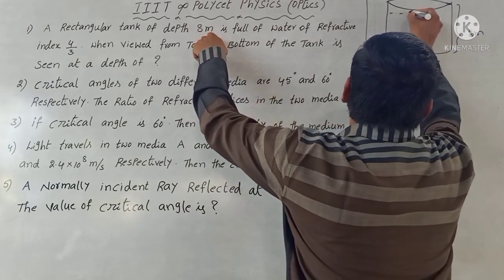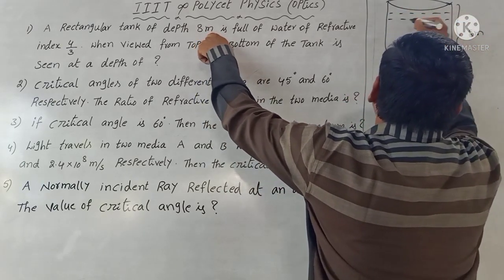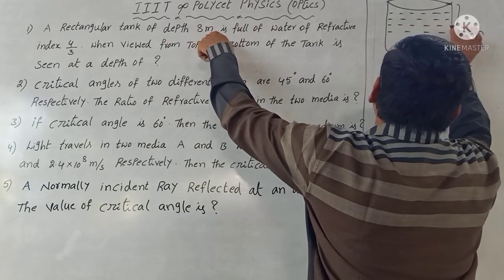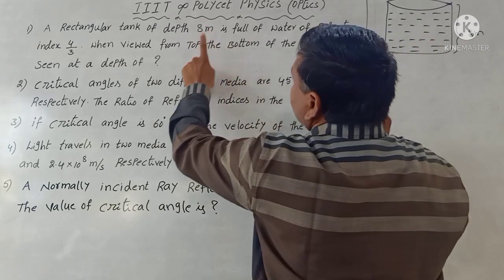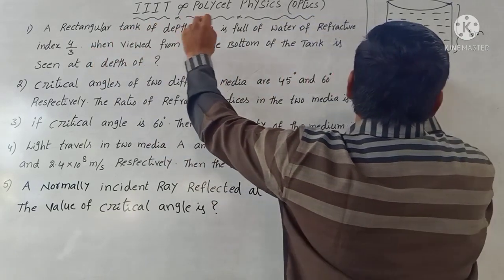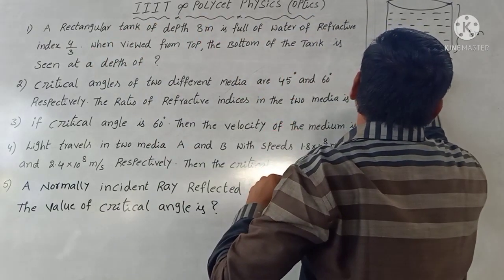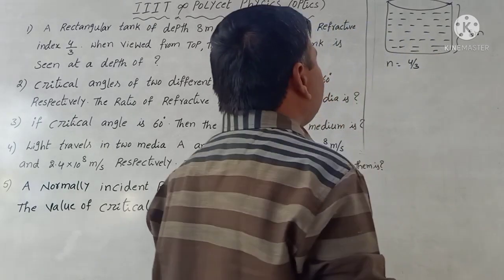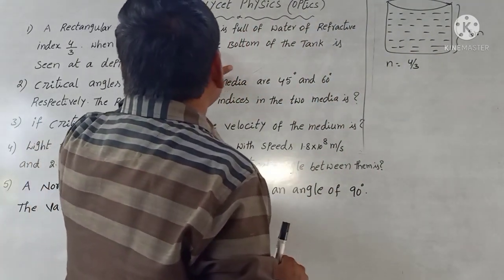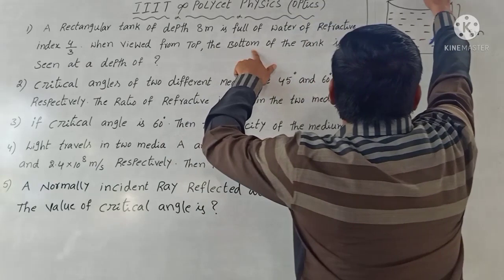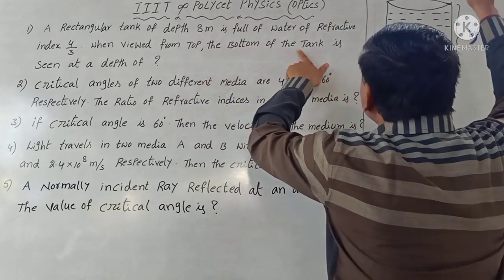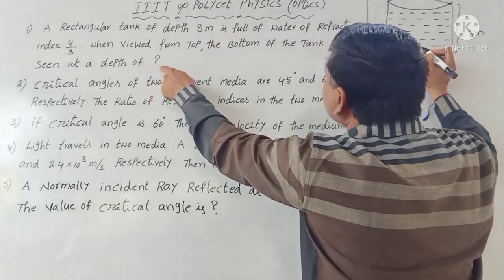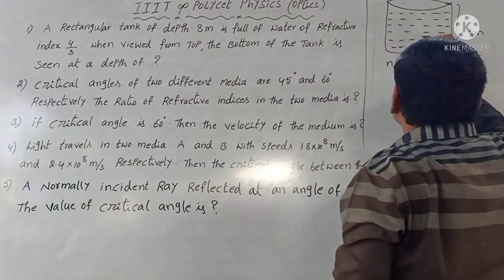It is completely full of water. Next, the refractive index is given. n is equal to 4/3, as you already know the refractive index of water. The bottom of the tank is seen at what depth?